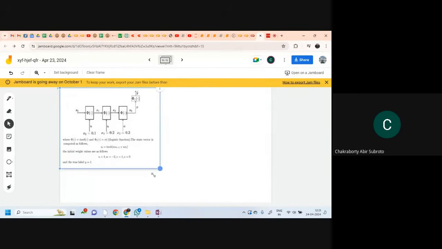Initial weights: v equals 4, w equals minus 2, v equals 1, s equals 0.